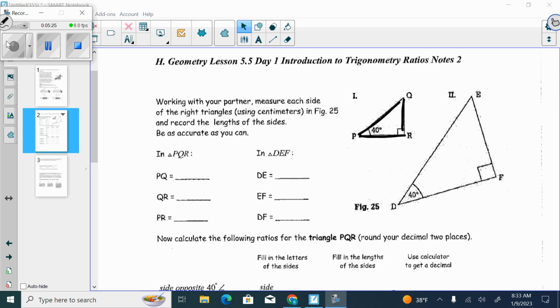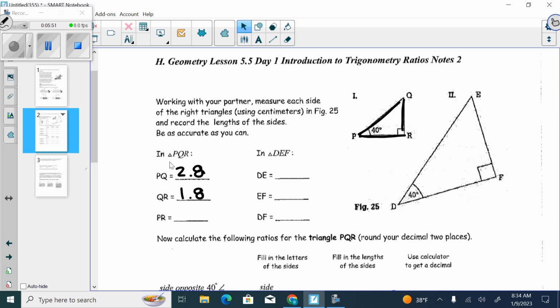So for PQ, what did we get for PQ? 2.8 would be 2.8, 2.9, maybe 2.7 if you had it scooted a little bit. Okay, what about QR? 1.9, 1.8, somewhere in there.